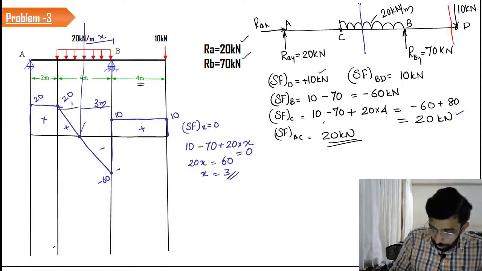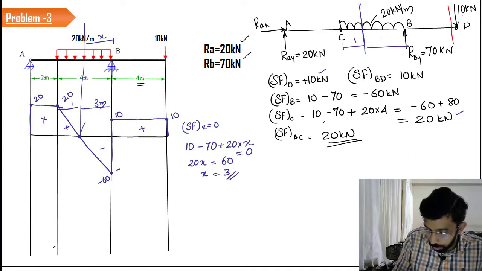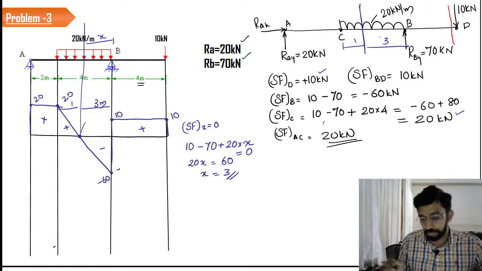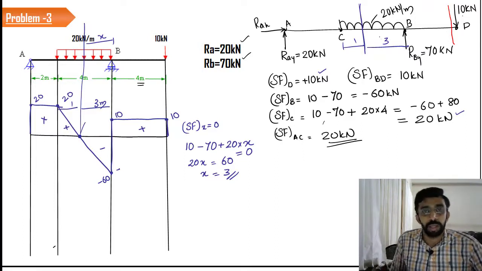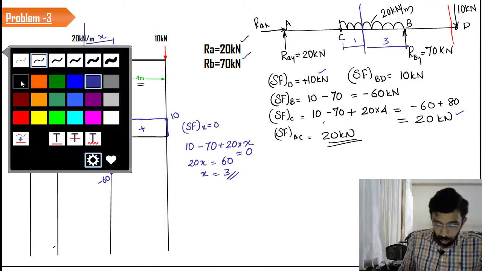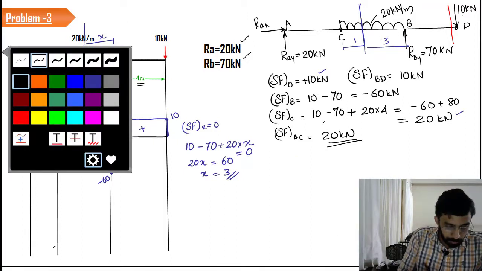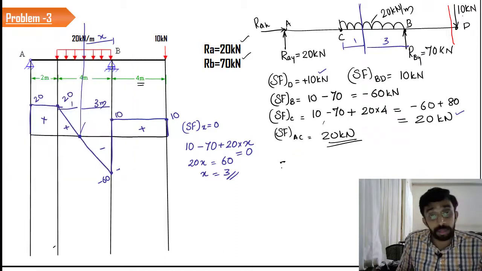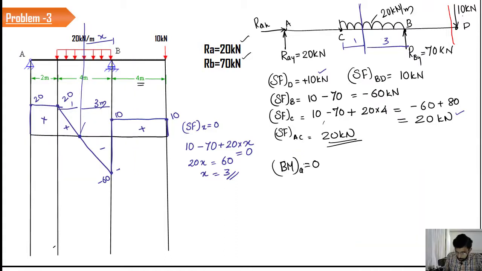Right? So we have to consider the moment at that particular location, at 1 and 3. And at this location, you can expect a maximum moment. So now let us calculate the bending moment. You can say that bending moment at A equals 0.